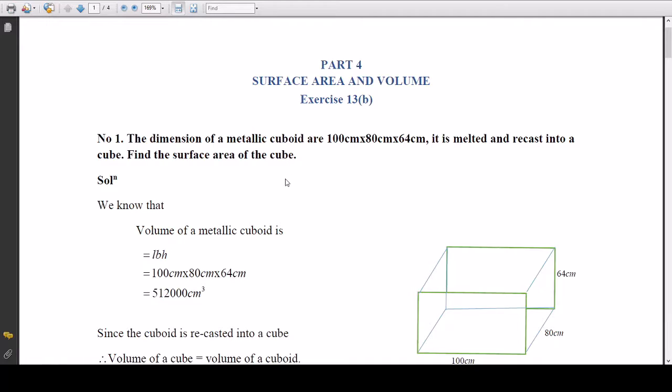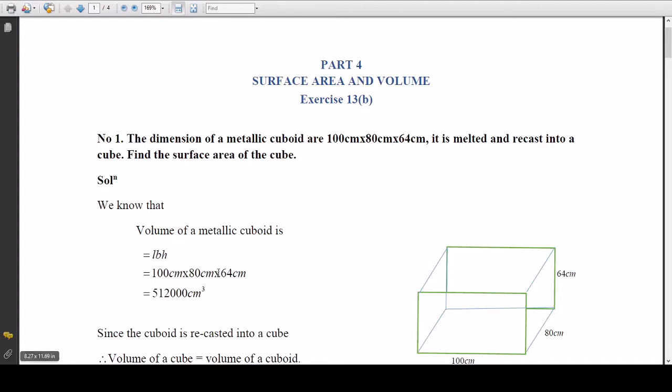Okay, let us start with the solution. We know that the volume of a cuboid is length multiply breadth multiply height. With the given dimensions, 100 multiply 80 multiply 64, which gives us 512,000 centimeter cube.